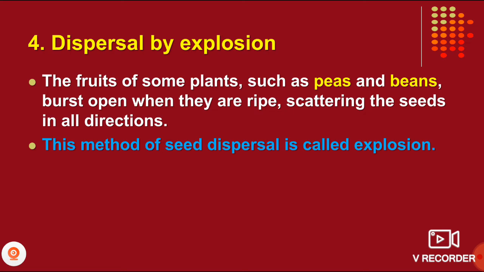Some fruits like peas and beans have a tendency to burst. When they burst open, these seeds are scattered from the mother plant to other places.